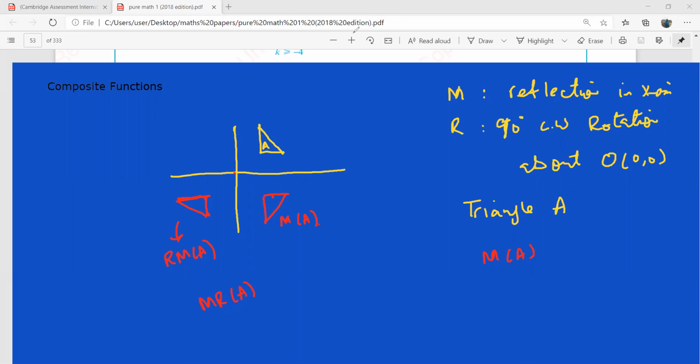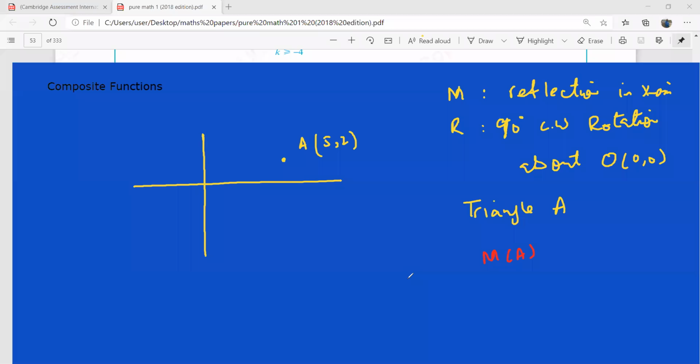Okay, let me take an easier example. Instead of a triangle, I'm just going to take a point over here, okay? If I reflect this in the x-axis, this is the M of A, which is going to be (5, -2), okay?